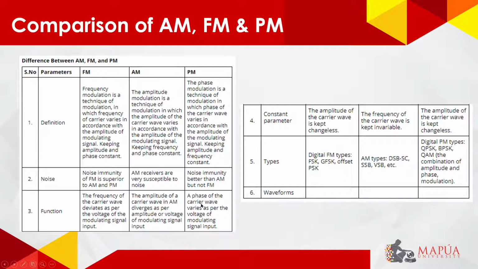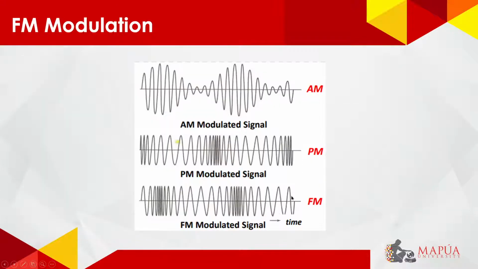And for the PM, the phase of the carrier wave varies as per the voltage of the modulating signal input. We have the constant parameter, and so this is what an AM modulated signal is like, as well as the PM and the FM.